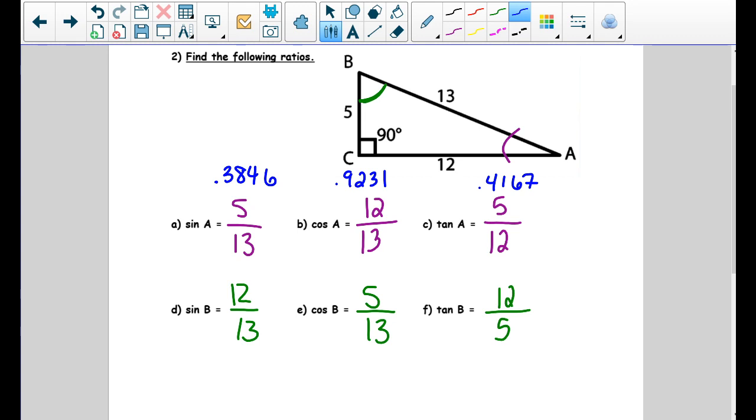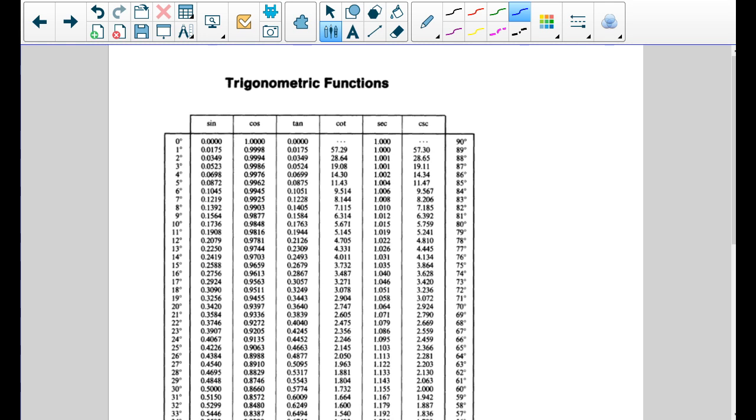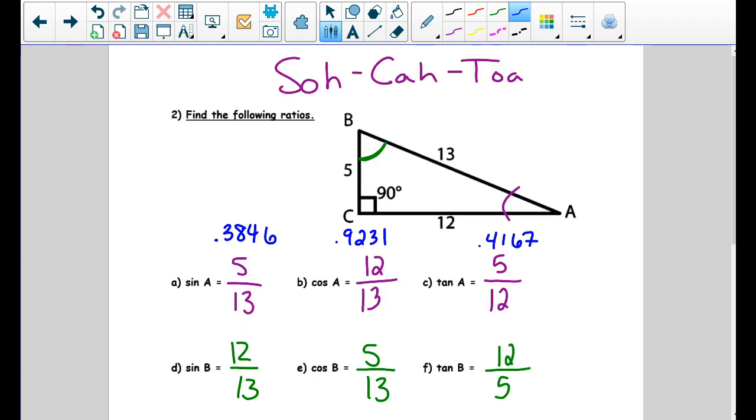So take a look on your paper, the other little paper, so this guy right here. You're going to look on this chart, and you're going to go down sine and find 0.3846. Is it on there?